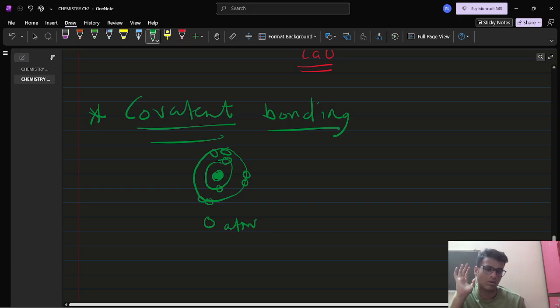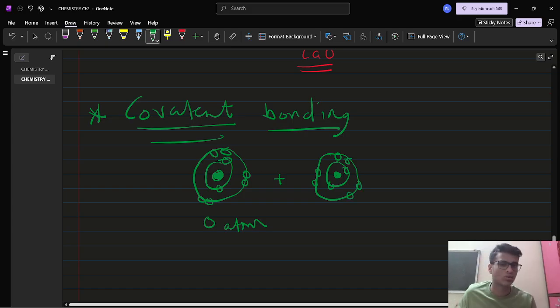So if this combines with another oxygen atom, अभी both the atoms want 8 electrons in the outermost shell. दोनों को स्टेबिलिटी के लिए कितने चाहिए? 8 चाहिए. अभी if it loses 2 electrons, it doesn't make any sense, क्योंकि इसको तो 8 मिल जाएंगे, this is also an O atom, बट इसका क्या होगा? इसको 4 ही बचे. So losing is not a good idea.